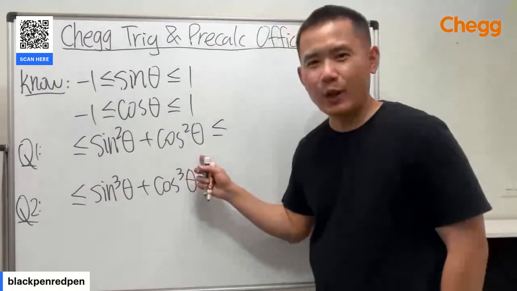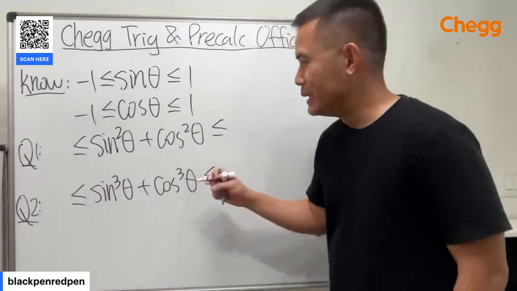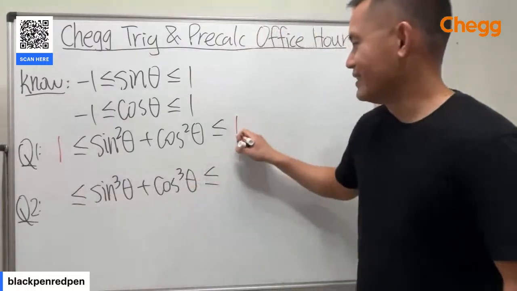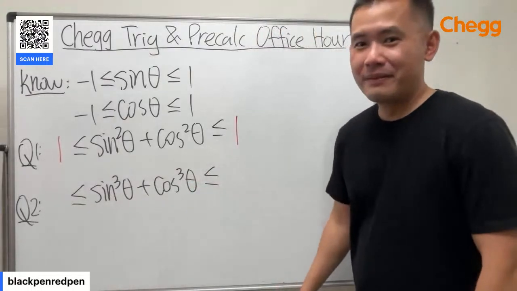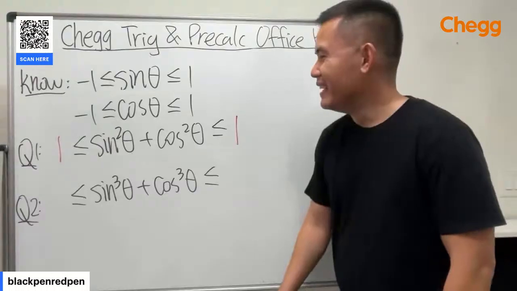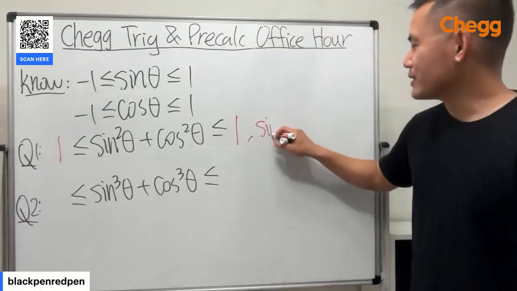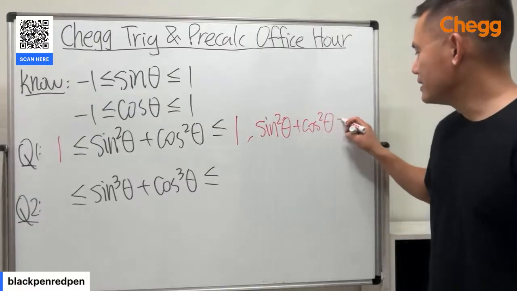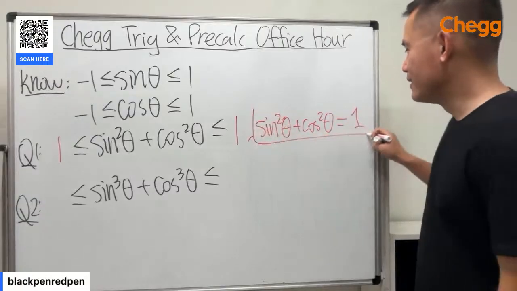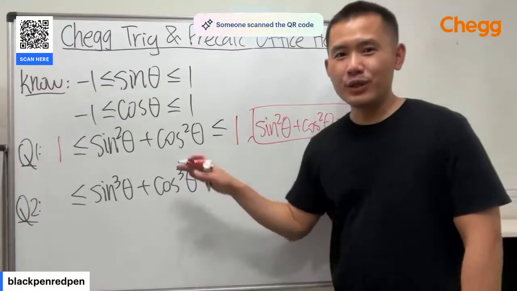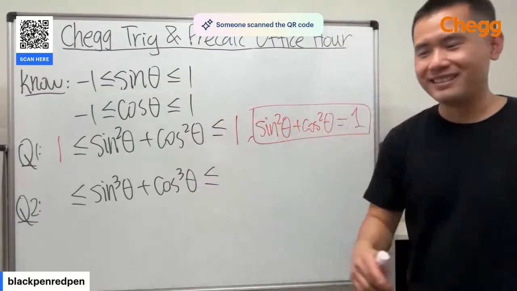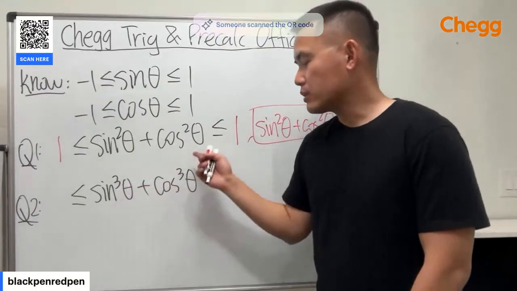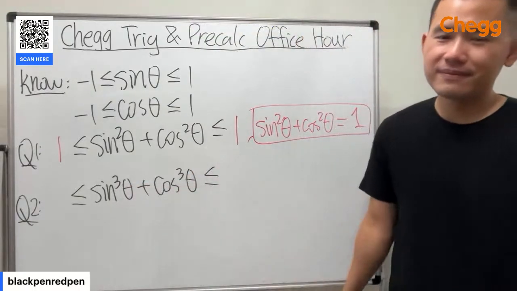Number 1 is just like a squeeze theorem, that kind of thing, right? This right here, surprisingly, is just 1 and 1. Anyways, sine squared theta plus cosine squared theta is equal to 1. Exactly. So the range is just 1. It's just a horizontal line. But for the cubic one, sine cube plus cosine cube is slightly different.